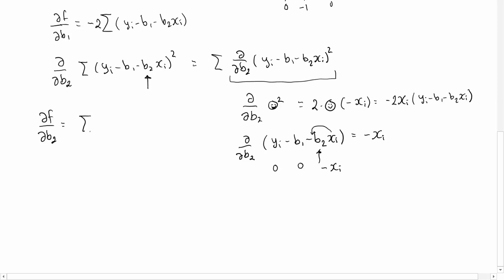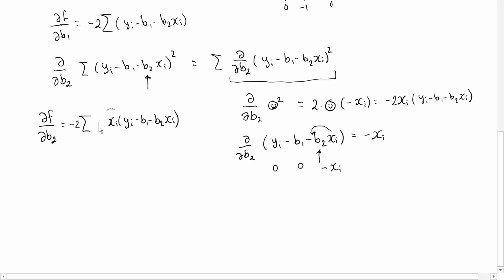It's the summation of minus 2xi times yi minus b1 minus b2 xi. Of course, we can't take this entire expression outside because the x has an i subscript, so it's not a constant over the sum, but we can take the minus 2 outside.